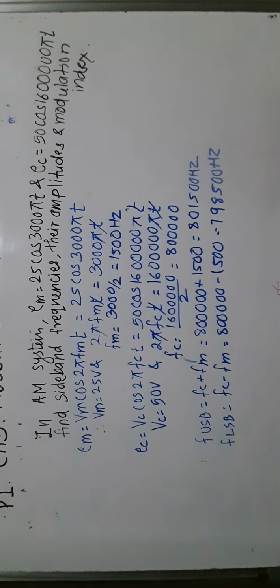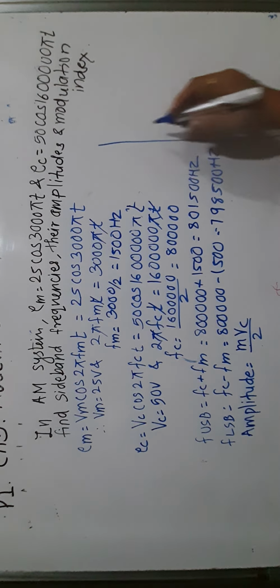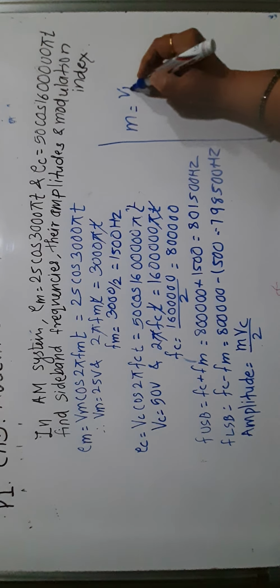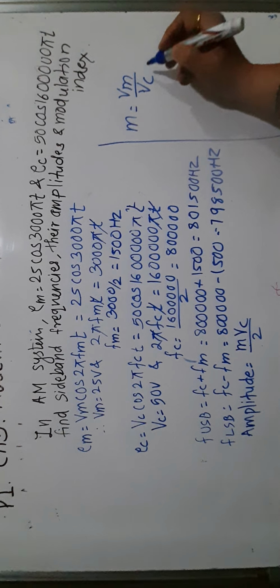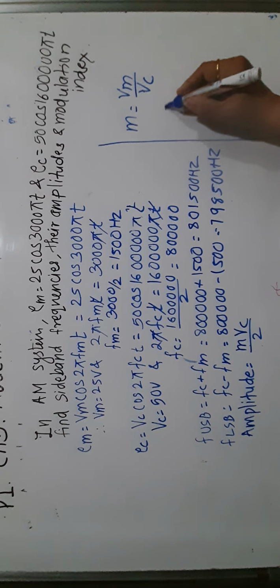Now we have to find their amplitudes. Okay, so the amplitudes of sideband is given by the equation m VC by 2. So first we have to find out m. M is given by m equal to Vm upon Vc.